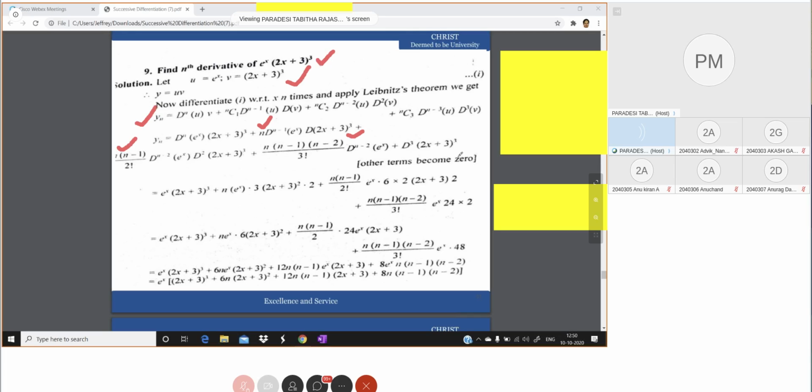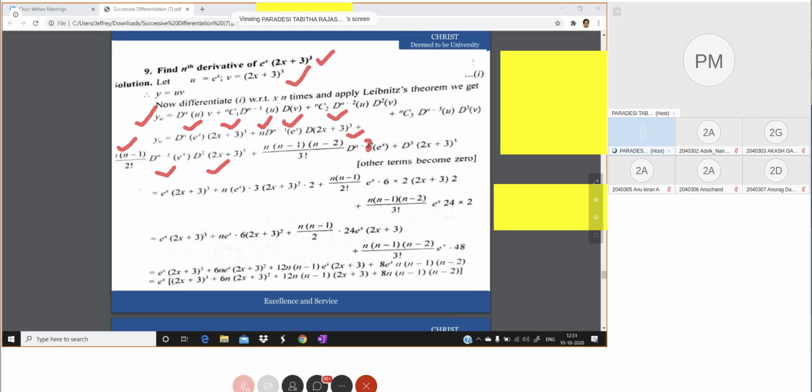So we'll quickly check each of those terms: nth derivative of the first function times the second function as it is, then the (n minus 1)th derivative of the first function and the first derivative of the second function, then the (n minus 2)th derivative of the first function and the second derivative of the second function. The (n minus 3)th derivative, this should become an n minus 3. Okay, so typo.